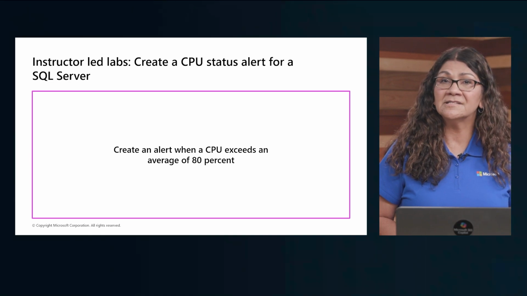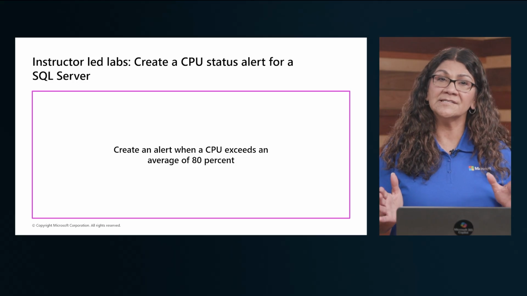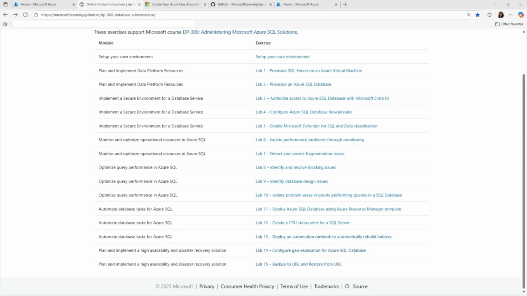Join me now to see how to create a CPU status alert for a SQL Server. So welcome to our Lab 12, and we're going to spend some time showing you how to create a CPU status alert here in SQL Server. This is actually going to be done inside of Azure.